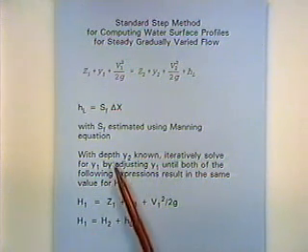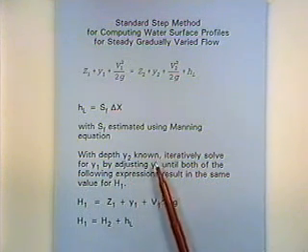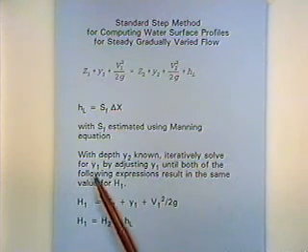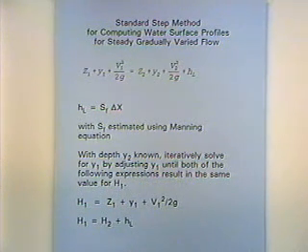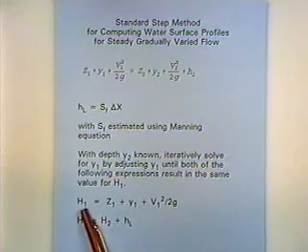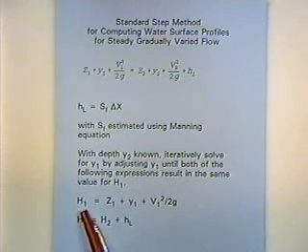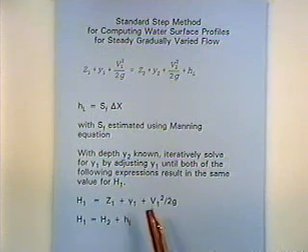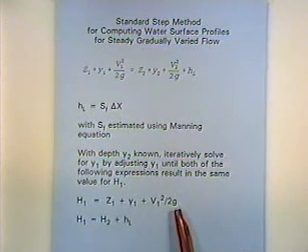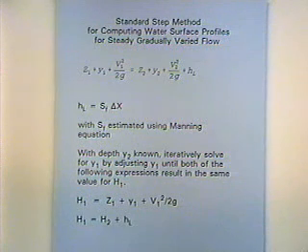And so I've said it this way: with a depth y2 known, we iteratively solve for y1 by adjusting y1 until both of the following expressions result in the same value for h1. h1 is the total head. The total head at the upstream location is the elevation head plus the depth plus the velocity head. That's a good equation. It's got to hold true for whatever y we assume.